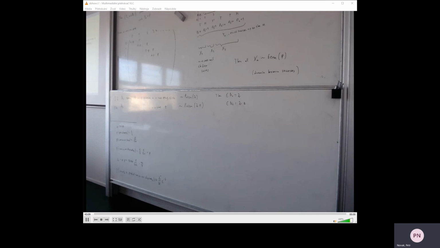Okay, so this is a different representation of the same process, by just counting the amount of time between the individual successes. Does it make sense?